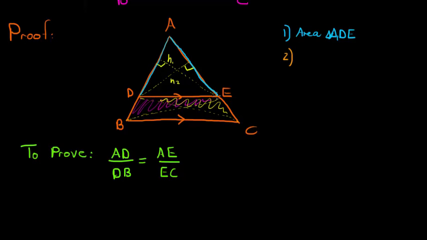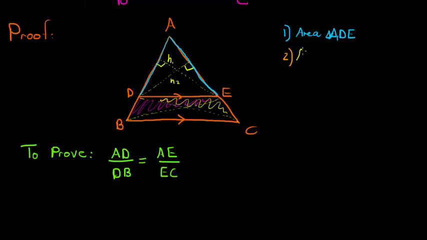Do you notice it? Both of those triangles share a base, DE, and both are triangles between two parallel lines. That means those two triangles have the same area.